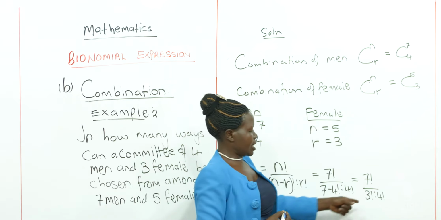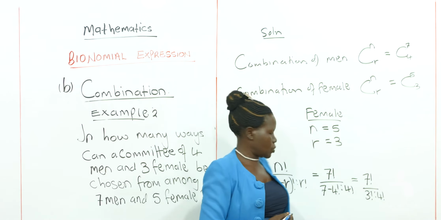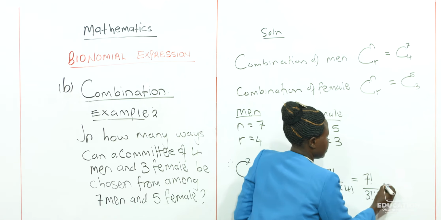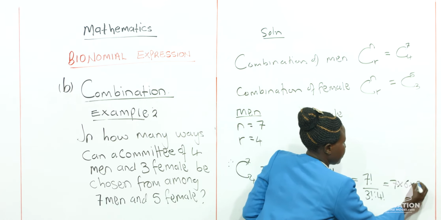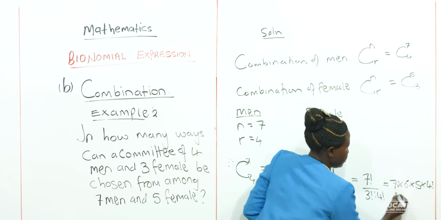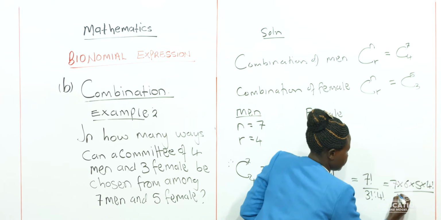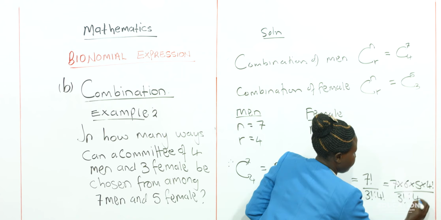Up to this point we move 7 down until we get 4, then we cancel it. So this gives us 7 by 6 by 5 by 4 factorial, divided by 3 factorial times 4 factorial.